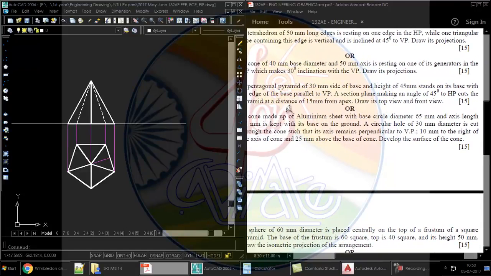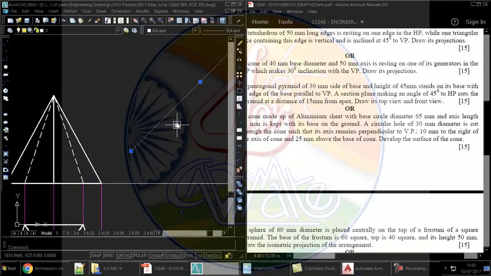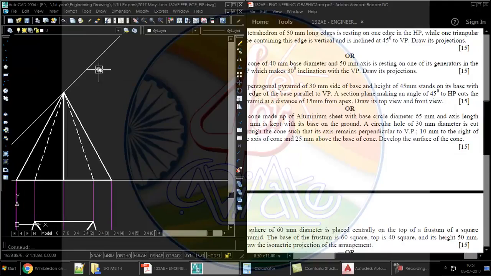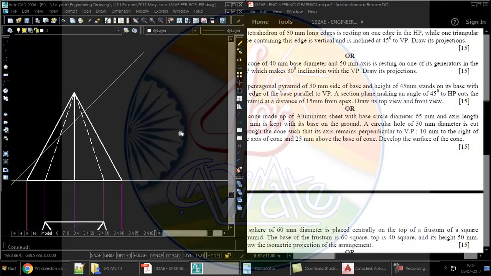Okay, it's 45 degrees with HP, so now to draw an angle of 45 degrees with HP. From the apex it is below the apex, fine. This is the point.